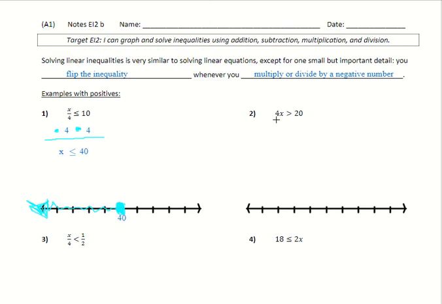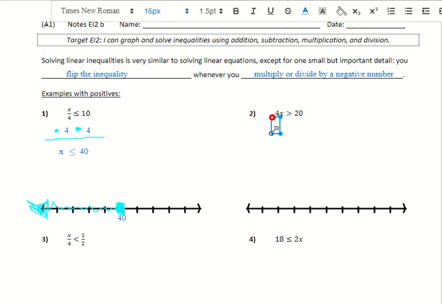So for number 2, the operation that I'm starting with is multiplication, so I'm going to divide to get rid of that. So divide by 4 on both sides, and I get x greater than 5.